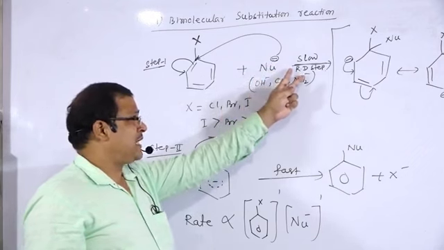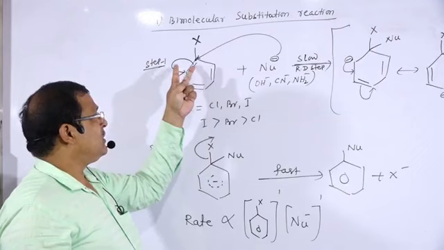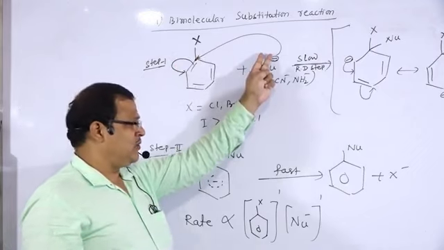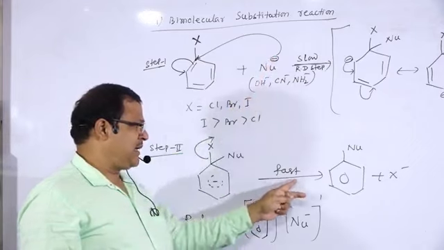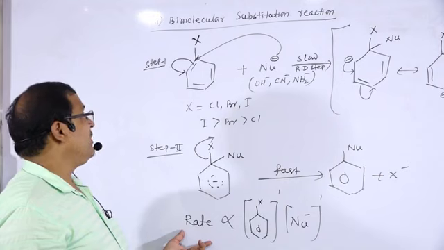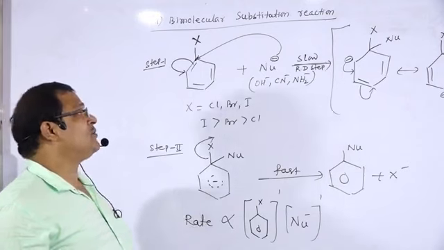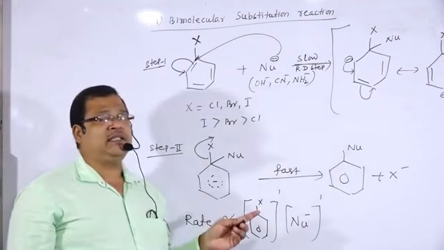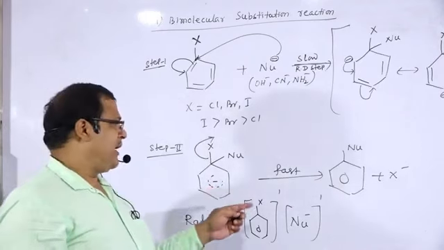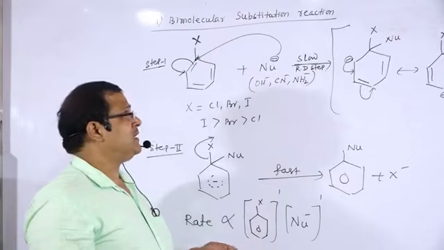So the rate of the reaction is directly proportional to the concentration of the aryl halide and the concentration of the nucleophile. Therefore that is defined as bimolecular mechanism. So this is the bimolecular substitution reaction, the mechanism of nucleophilic substitution explained by the bimolecular substitution mechanism.